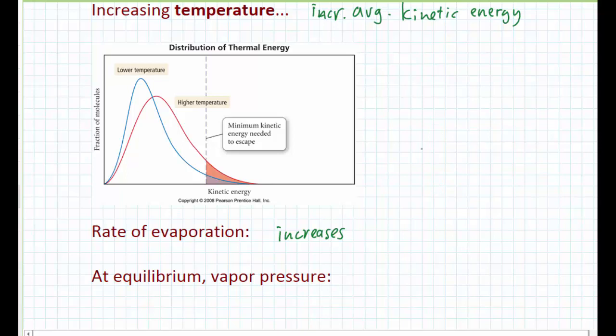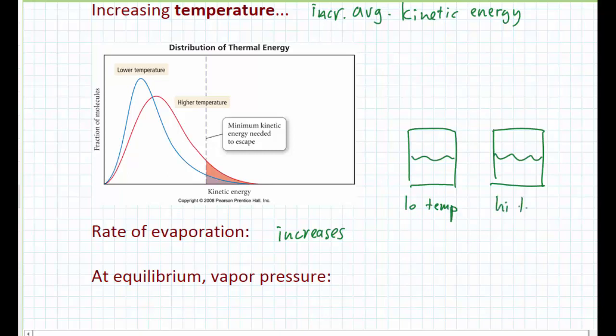So if we compare two closed containers at equilibrium, at the low temperature, we've got a low rate of vaporization, so maybe only a couple vaporizing, and at equilibrium, we'd have to have the same number condensing.